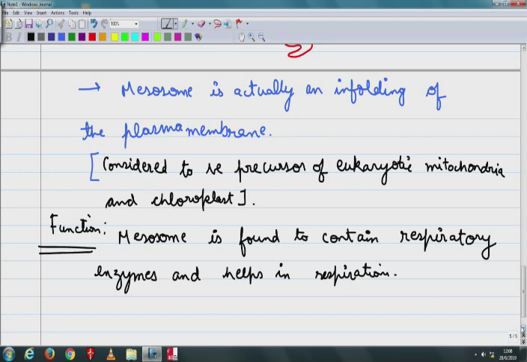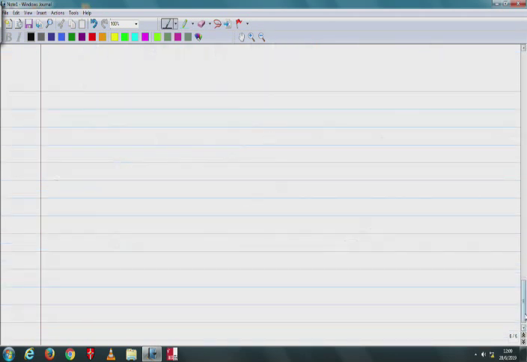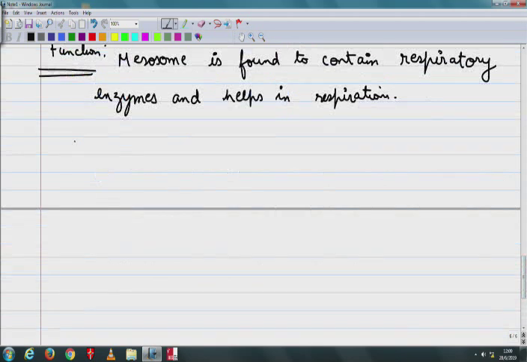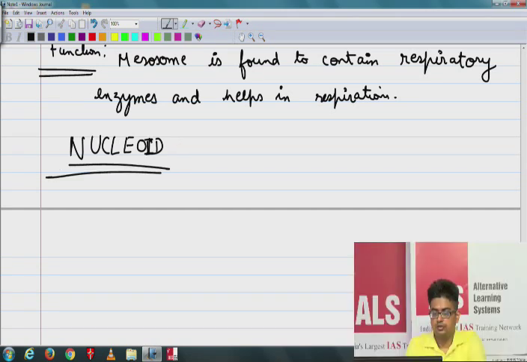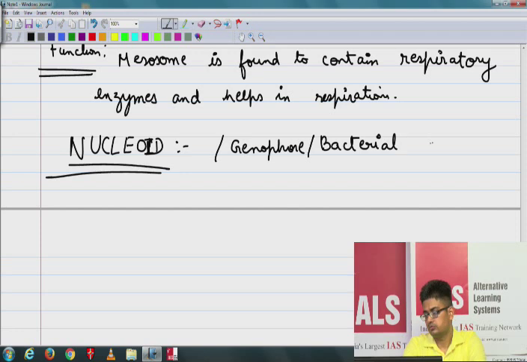Now let us write something about the nucleoid. A lot of questions and queries are based on nucleoid. What is nucleoid? It has a lot of names. It is also known by the name of genophore or by the name of bacterial chromosome.